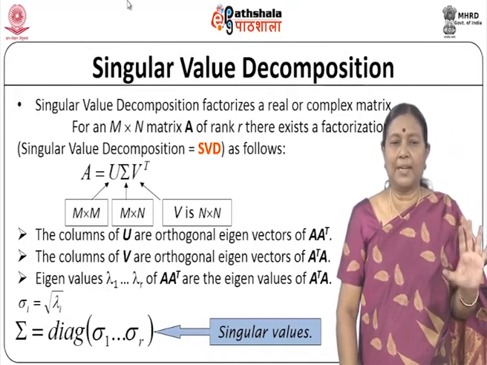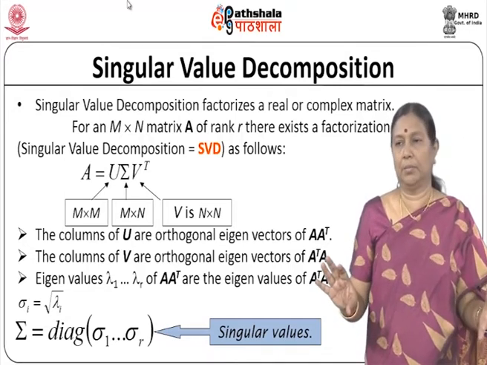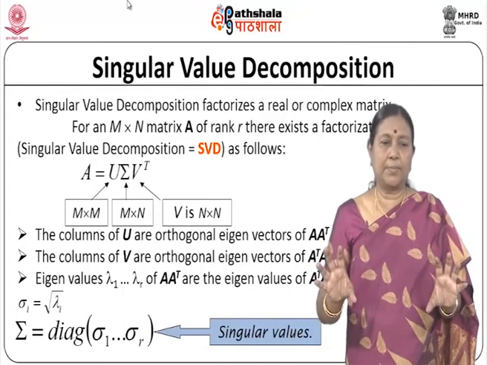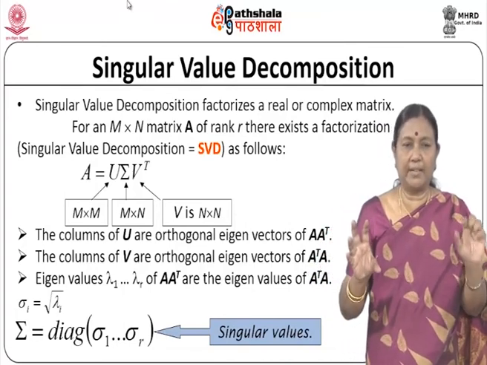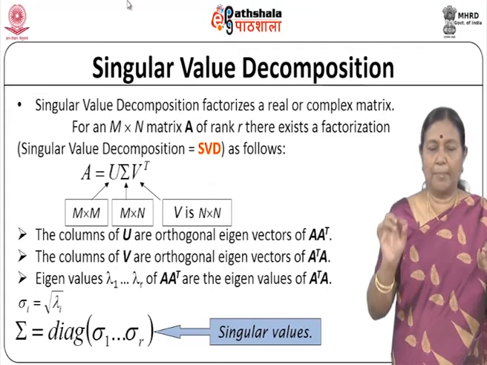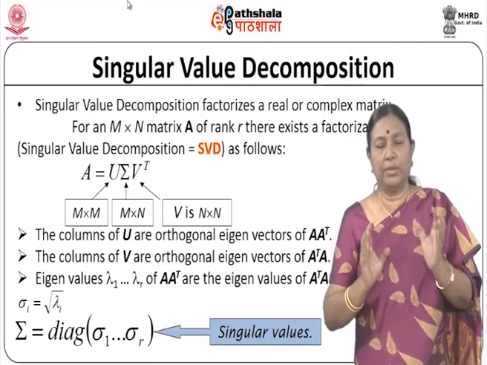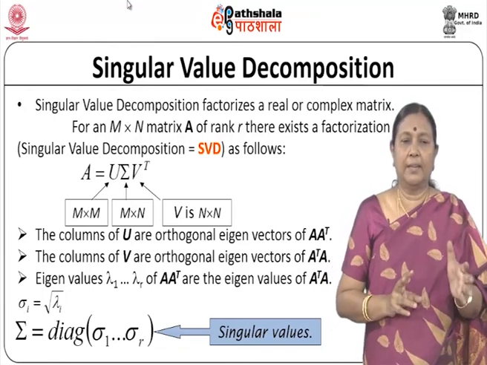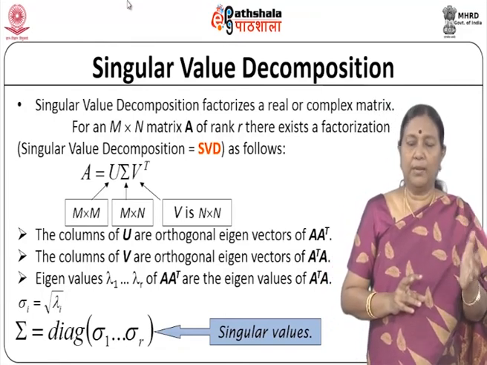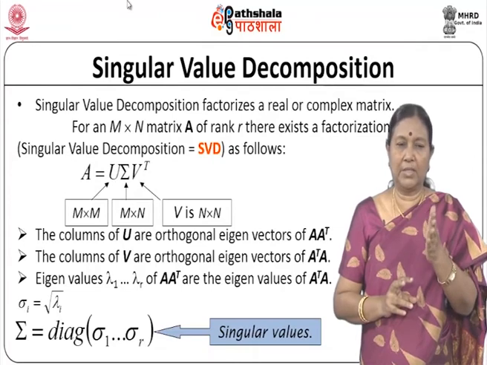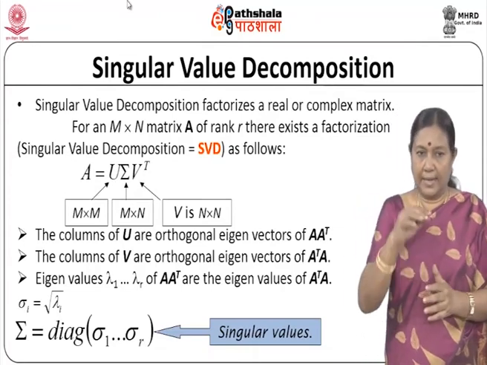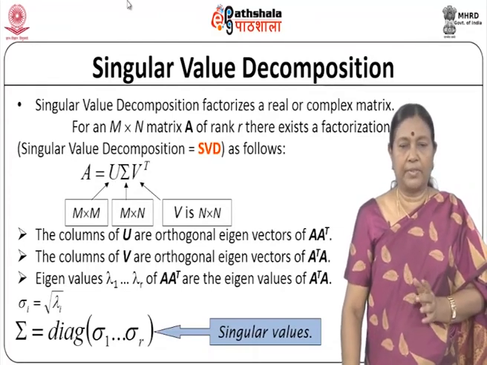So, this is mathematical; we have not done any machine learning here, we have just explained the concept. Given a matrix A of rank r, an m by n matrix, we can convert it into an m by m, an m by n, and an n by n matrix.